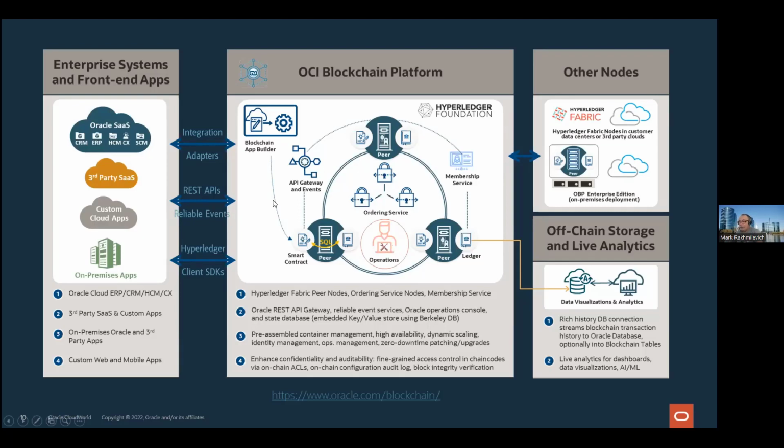We have added an API gateway that provides orchestration capability that allow us to run smart contracts, invoke them through REST APIs, synchronous and asynchronous, subscribe to events and get notifications and callbacks with reliable delivery, and provide orchestration across multiple chains and multiple other resources using two-phase commit, which I'll touch on as well.